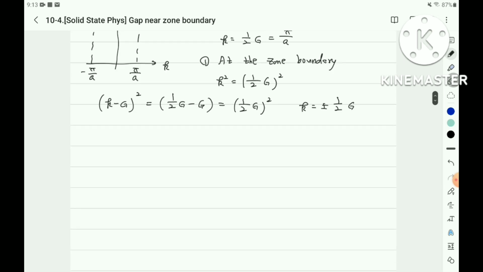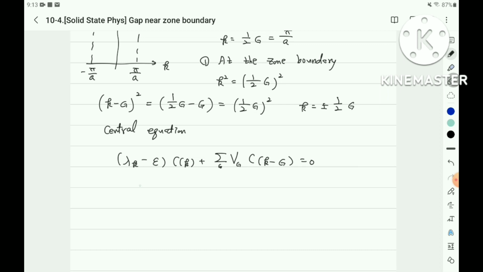In this case, let's consider the central equation. The central equation is lambda k minus epsilon times c k plus the summation over reciprocal lattice vectors g of potential times c k minus g equal to 0.